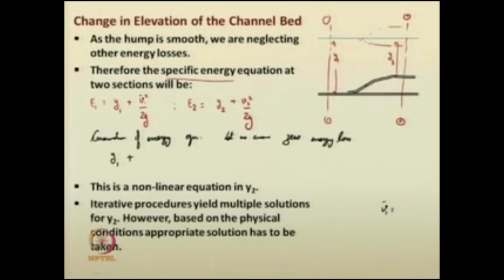The average velocity v1 is the discharge divided by A1. Similarly, v2 is equal to Q by A2.